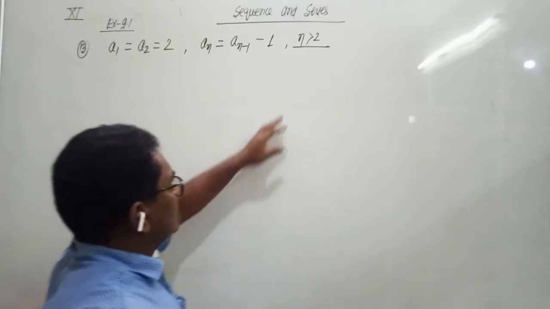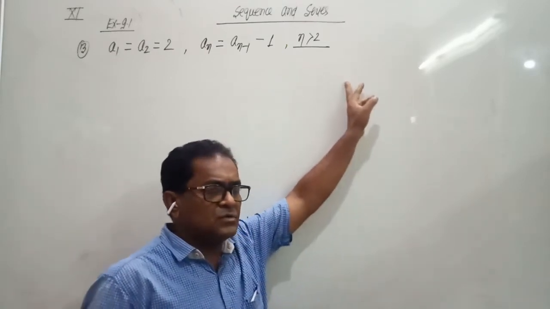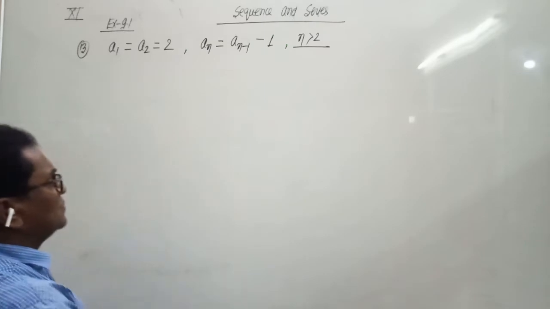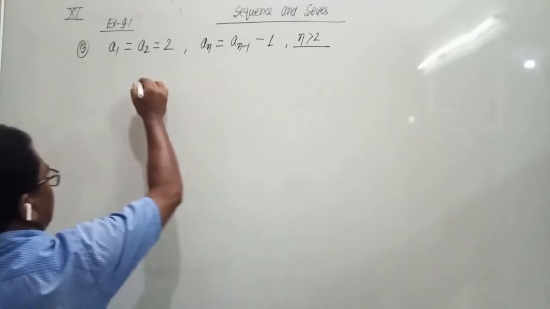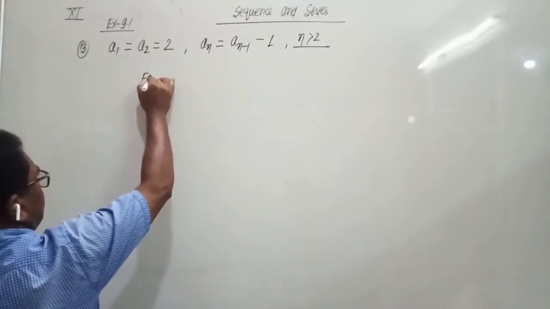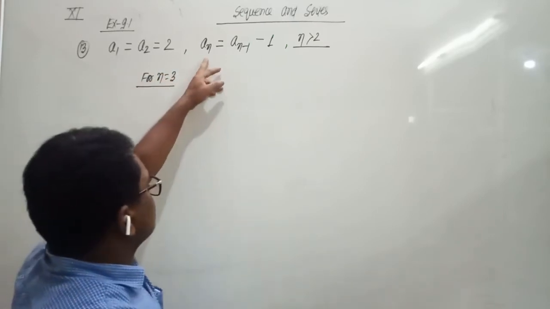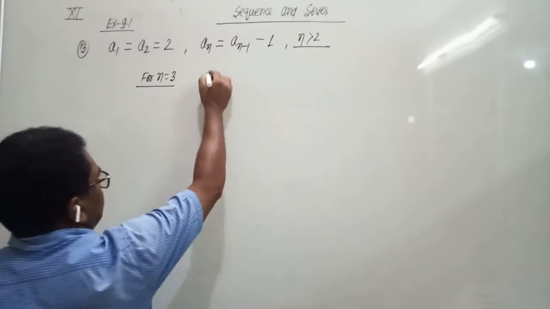So the condition is n is greater than 2, so the value of n should be taken greater than 2. For n equals 3, put n equals 3 in this expression.